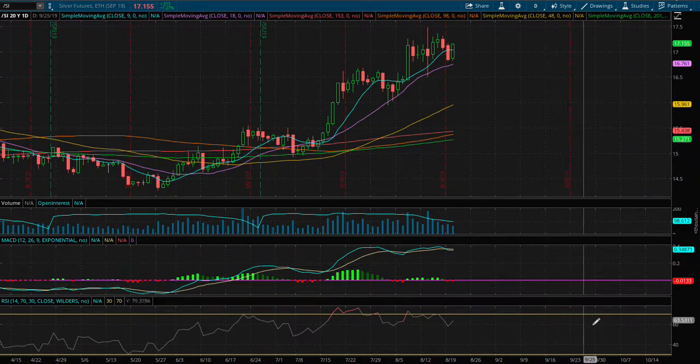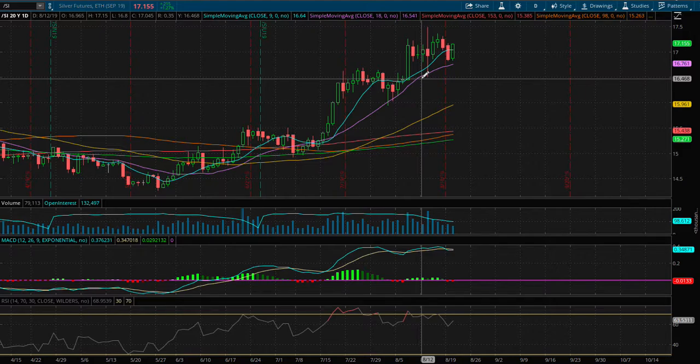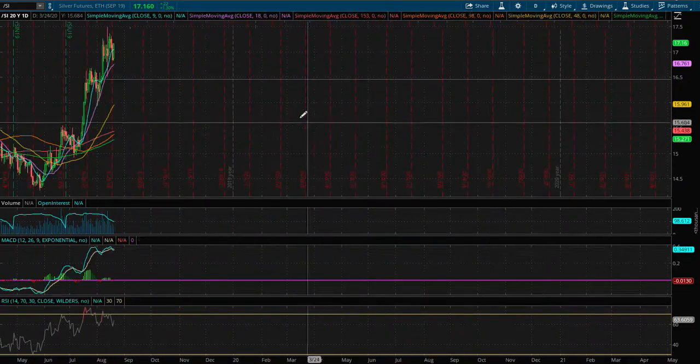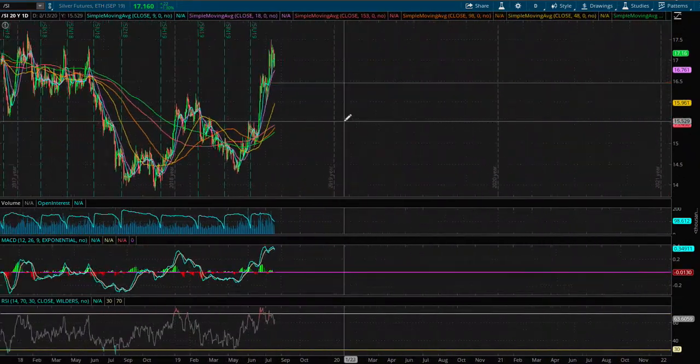I do see a possibility we may break down, and the support that I see is at the price of $16.50. Reason why, we have a price concentration right here, and if we were to move on higher, that price movement is a multi-year high.